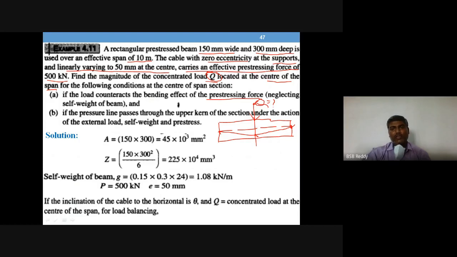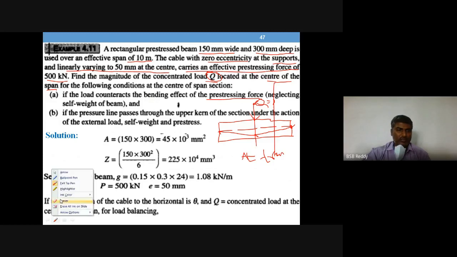That means at transfer. That situation is what you call transfer. Right, so let us see how we solve for case A.